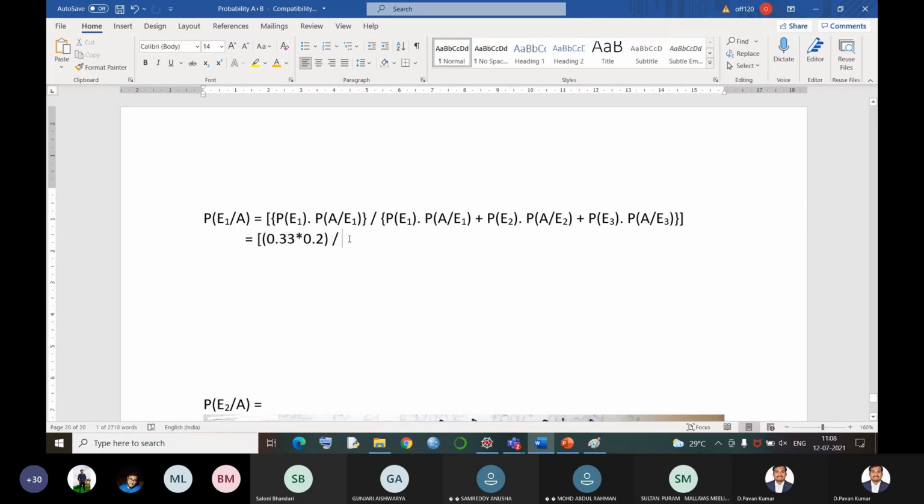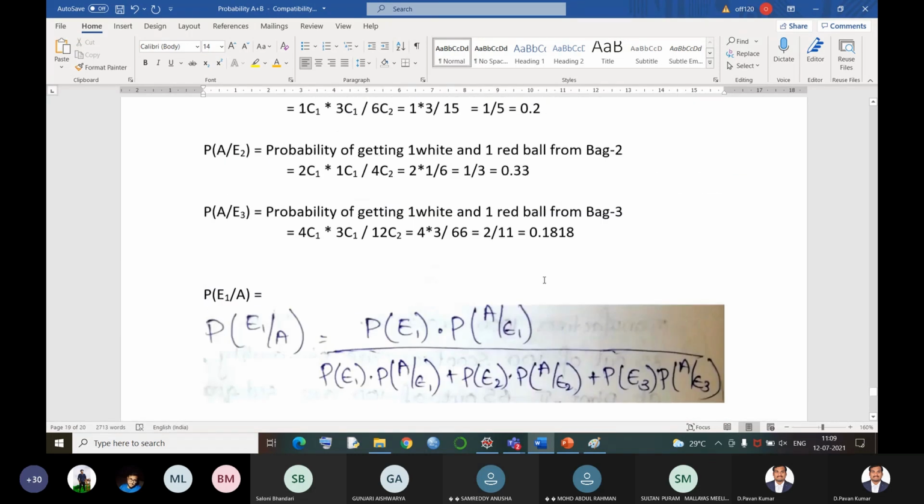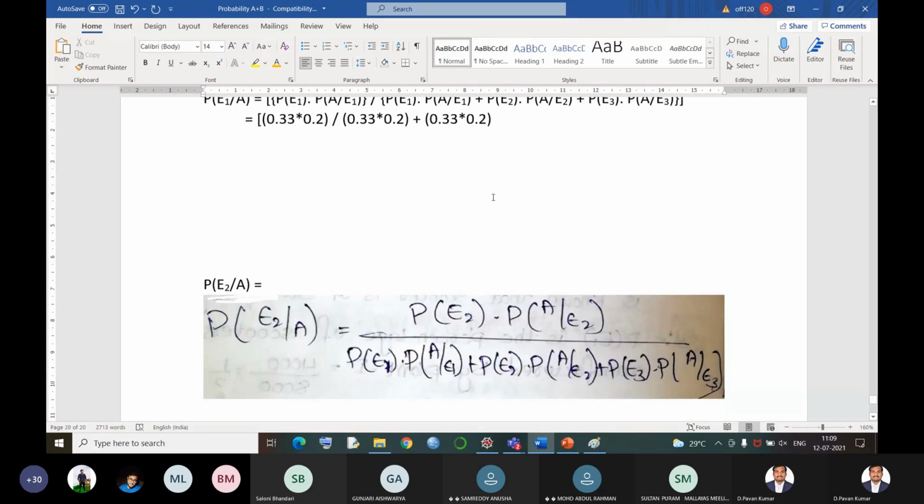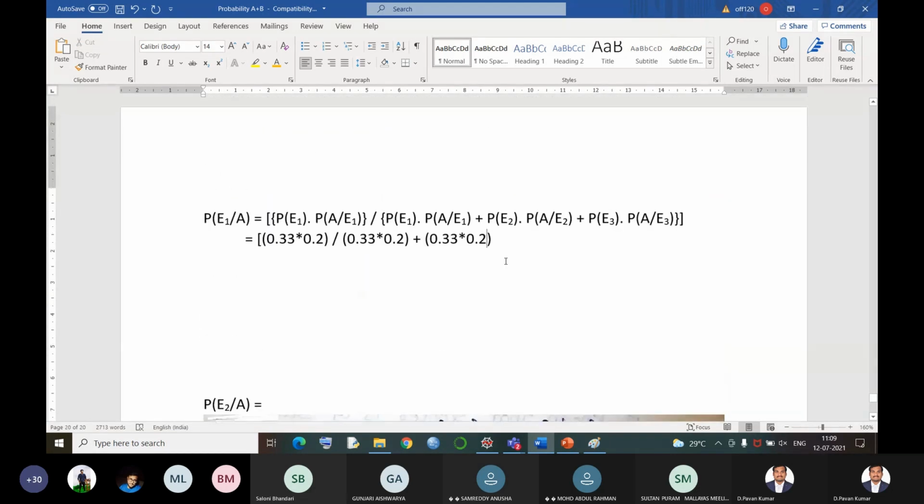First one is again P of E1 into P of A by E1, which is 0.33 into 0.2, plus, now second expression. Again the probability of selecting second bag will be 0.33 itself, and the probability of getting one white and one red ball from bag 2 is 0.33.